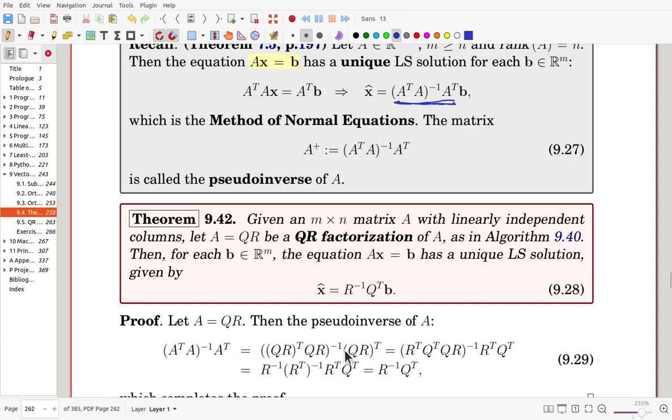By using simple algebra, we reach R inverse Q transpose. So this term is the same as that one, and we can get the unique least squares solution, right?